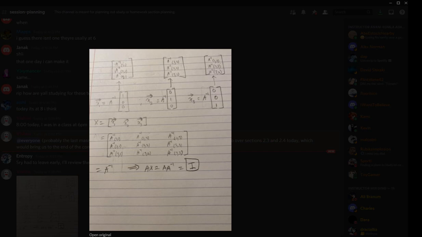And so x1, x2, and x3 are just columns with certain cells of A inverse. And so the matrix X would just be a row of these columns, which means X is the cells of A inverse, which means X is just A inverse. And so A times A inverse is just the identity matrix.